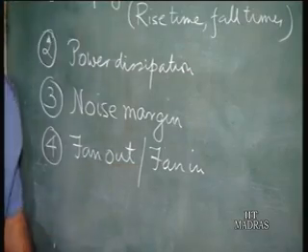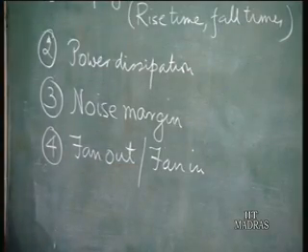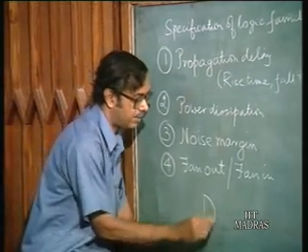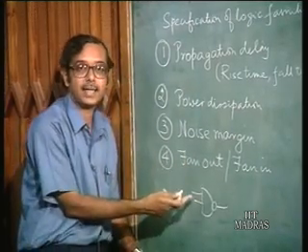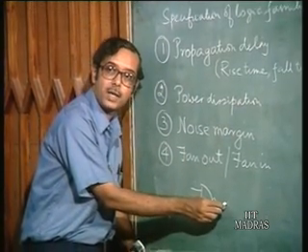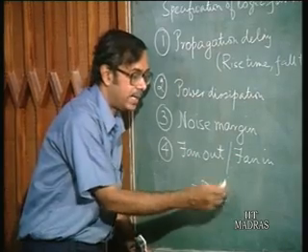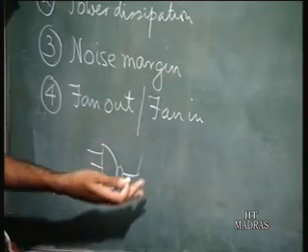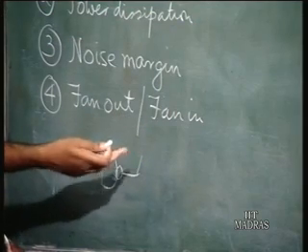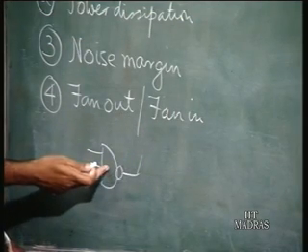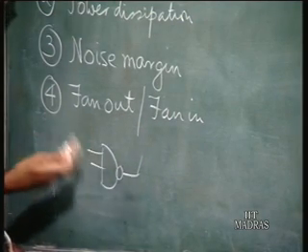If you have a gate, say for example a 2 input NAND gate, this output can be fed as input to subsequent stages of gates. How many gate inputs can you connect to this output? That tells you about the fan out.